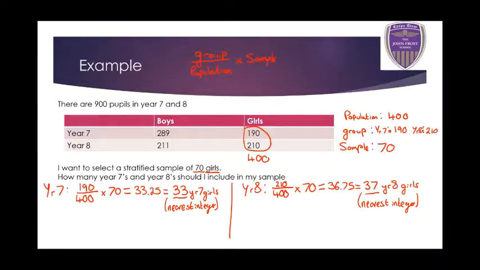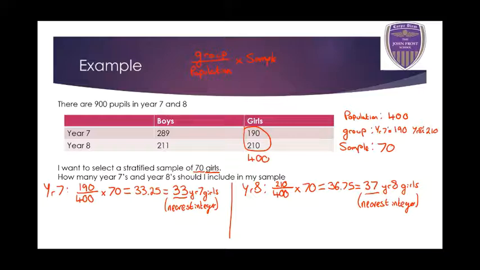And if they don't, usually you'll be one over, all you need to do is take away one from one of the groups, and you basically need to pick the group that has been changed the most due to rounding. Okay, so just bear that in mind when you're doing it. There's no examples of that in these questions, just something to bear in mind. But always make sure you double check that the numbers add up to your stratified sample size.